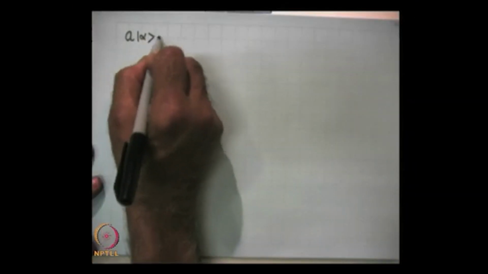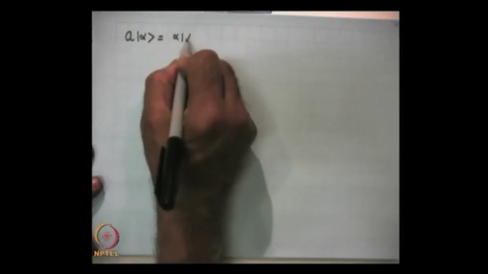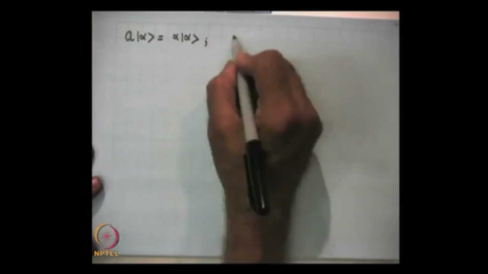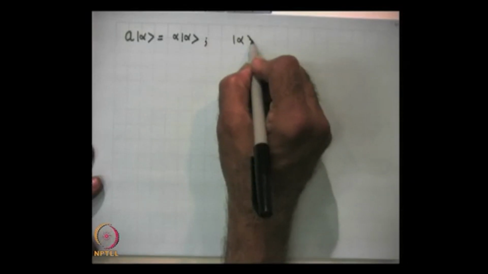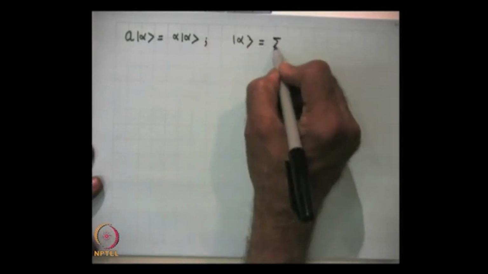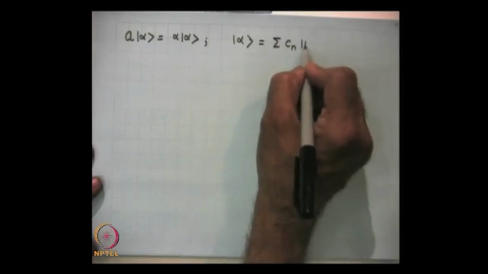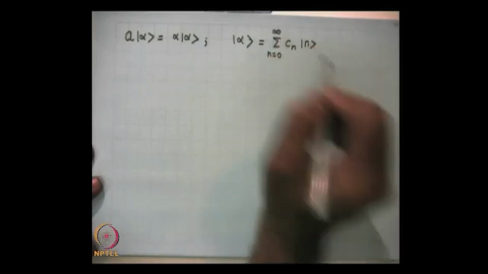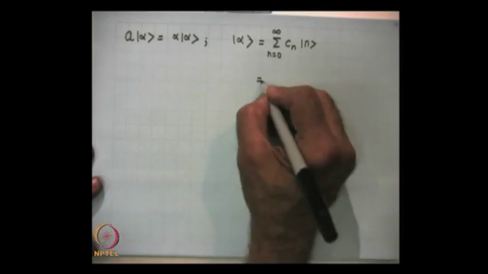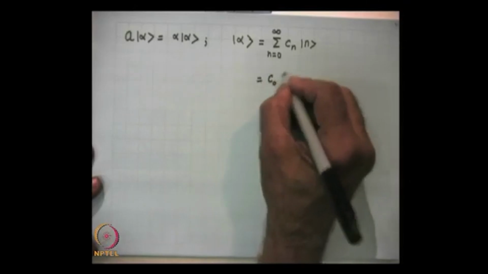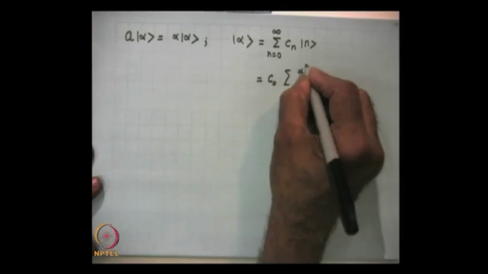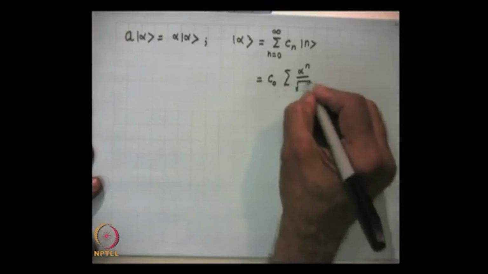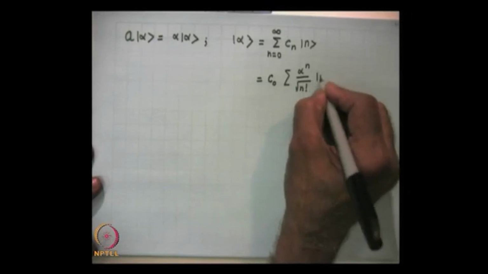Our objective was to solve A ket alpha is equal to alpha ket alpha, and we assumed ket alpha to be expanded in terms of the orthonormal eigenkets of the operator H, n is equal to 0 to infinity. We found that ket alpha was C 0 summation alpha to the power of n by square root of n factorial ket n.